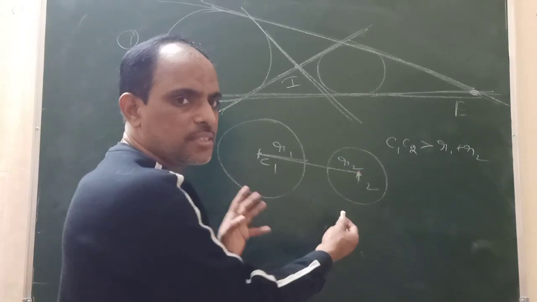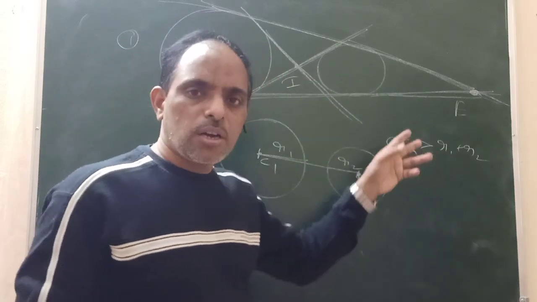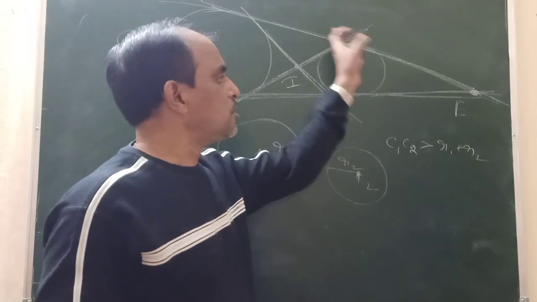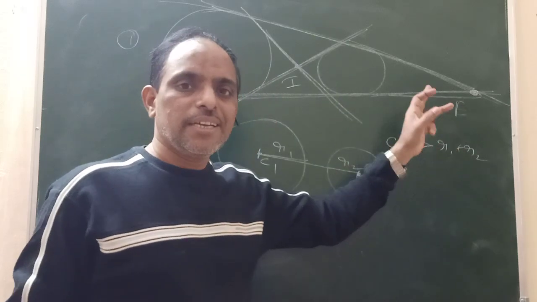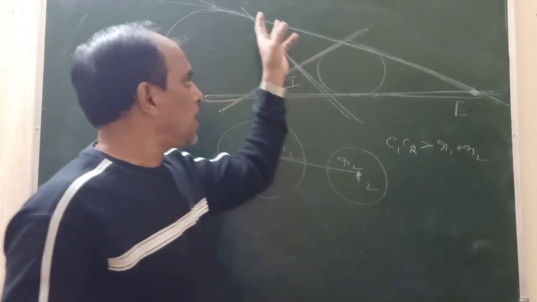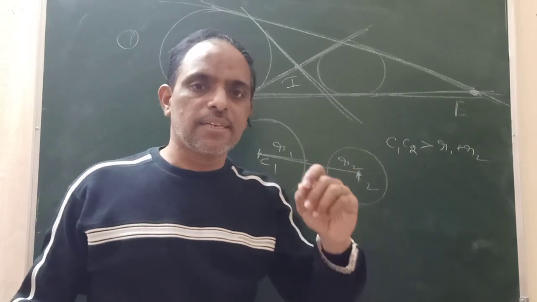The circles will be like this. Then there exist four common tangents: two direct common tangents and two transverse common tangents. The two direct common tangents intersect at one point, called the external center of similitude, and the transverse common tangents intersect at one point, called the internal center of similitude.